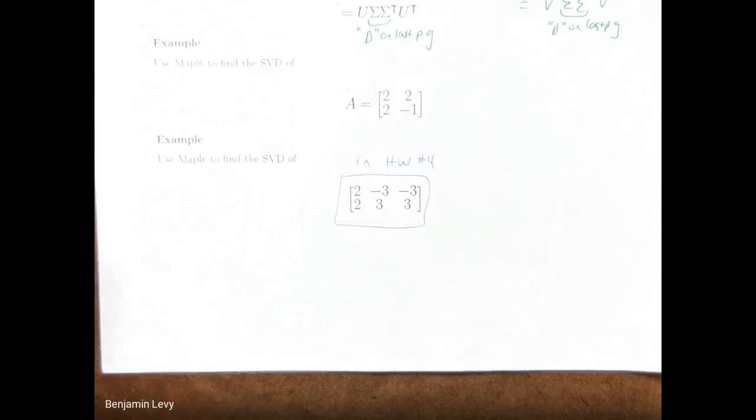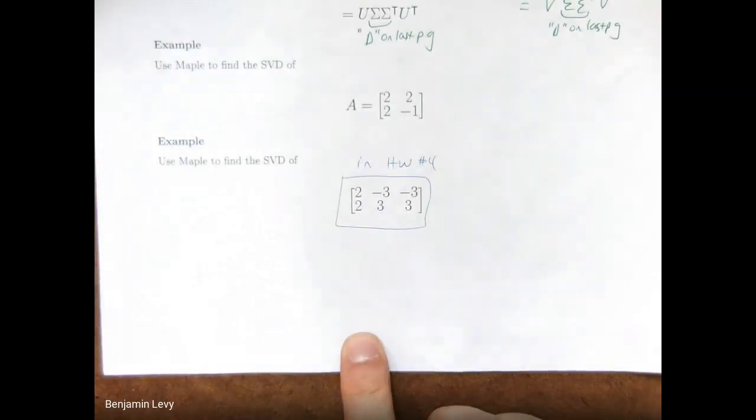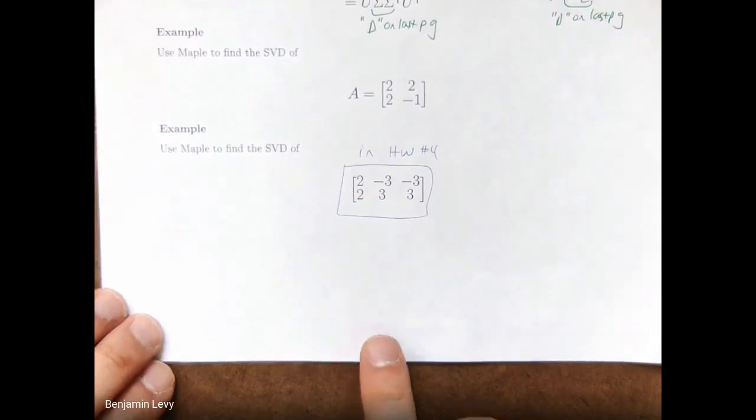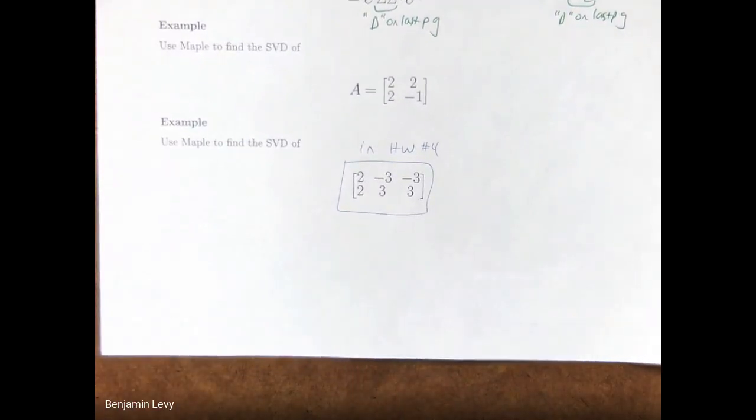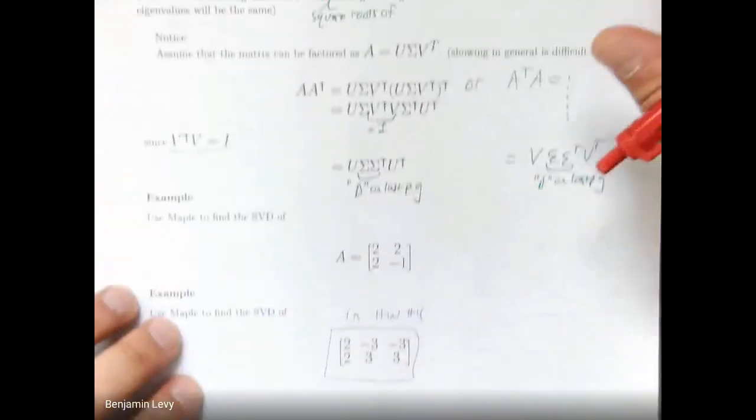Is that really light? It looks really light on my screen. Yeah, it's pretty bright. A little better. There we go, maybe. So everything on this page is true. Let me start there. There wasn't an error in the notes or anything.